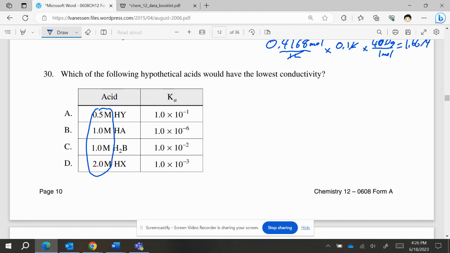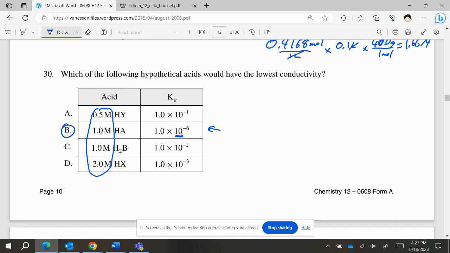This Ka is such a small number that it implies this acid is not going to ionize very well. Since this acid is not ionizing very well, it's probably going to be my answer. I can guarantee that this one is going to be my answer right here.